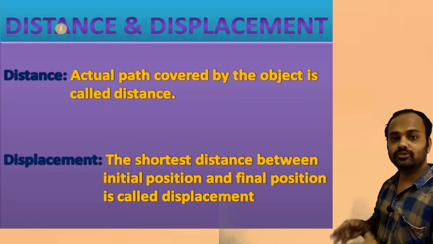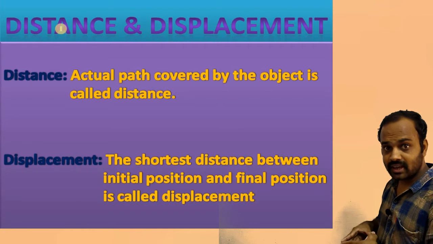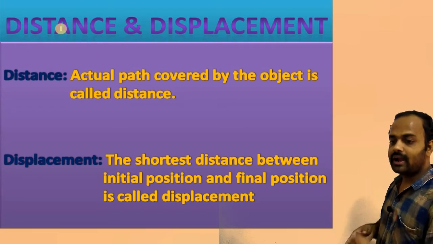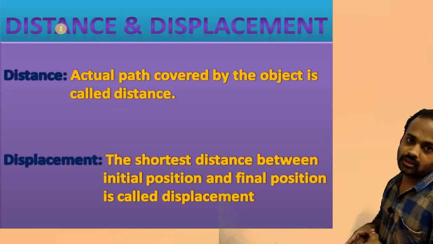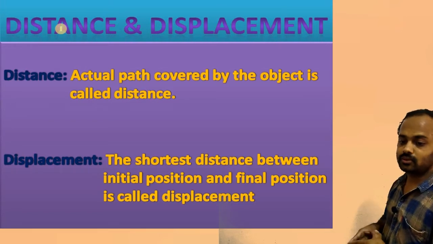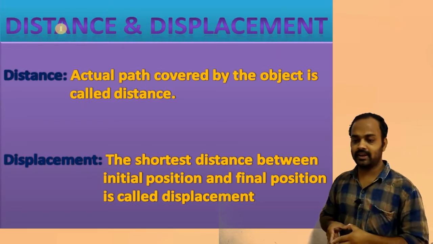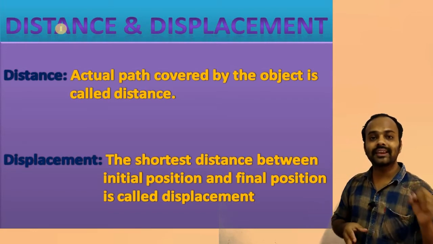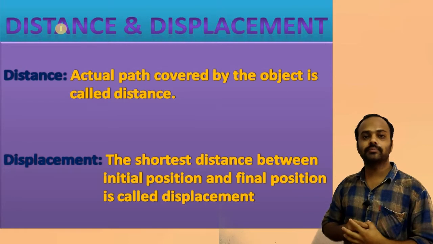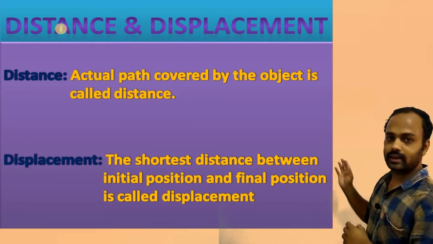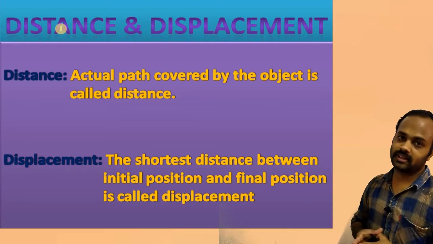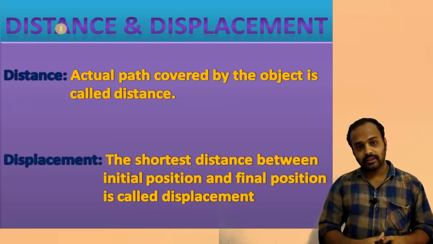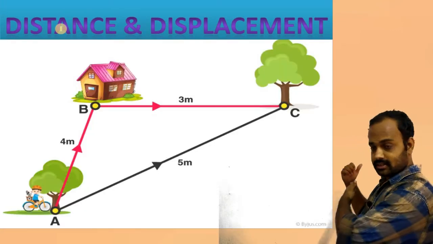The shortest distance between the initial position and final position of the object is called displacement.